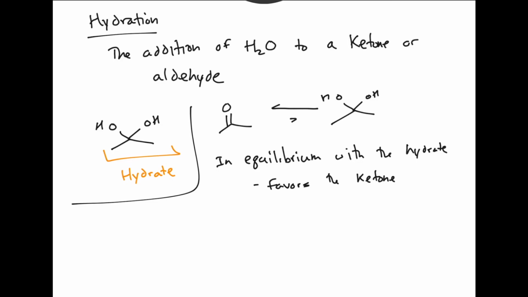If you have a bottle of acetone or any ketone, there's always an equilibrium with its hydrate form, but the equilibrium is going to favor the ketone. So again, this is a rough guesstimate. Say it's 99.9% ketone, 0.1% hydrate, right? So that bottle of acetone is pretty much all acetone with just a little bit of hydrate in it.